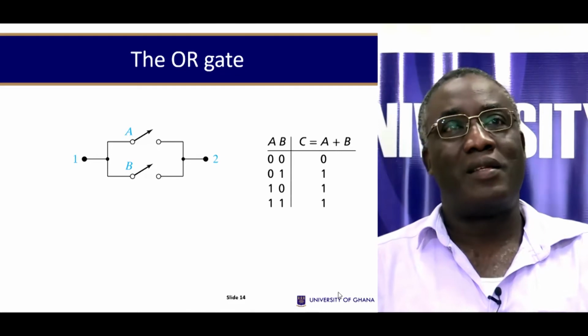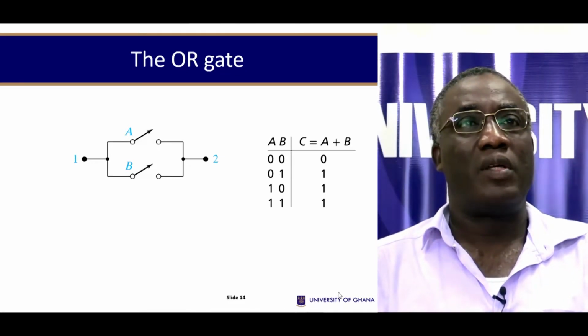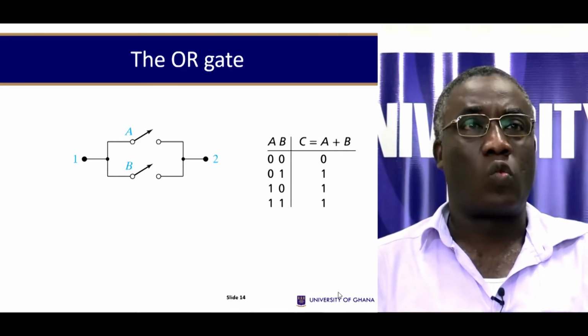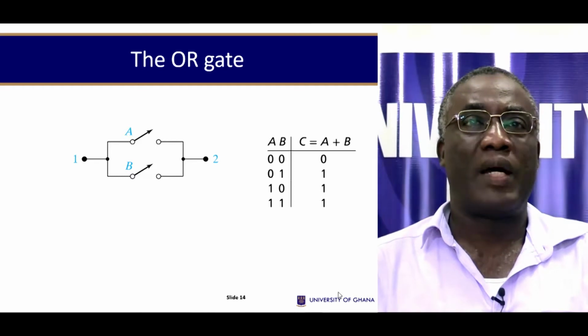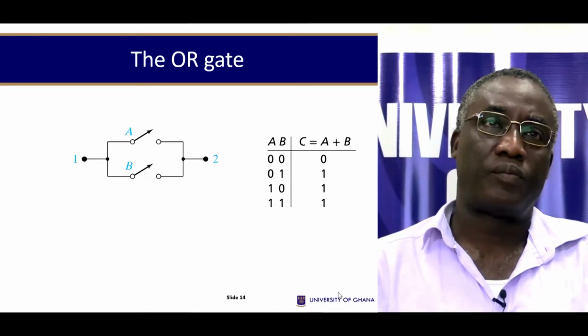Now the OR gate is different. This time, think again of it as having a power source 1, which is connected to a lamp at 2. But the switches A and B are now parallel to each other.